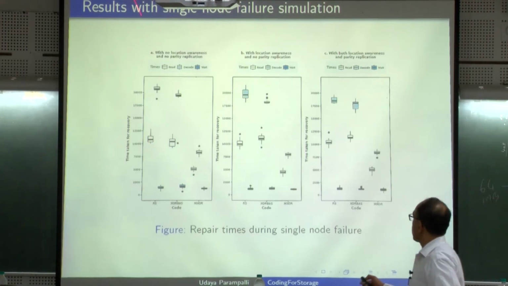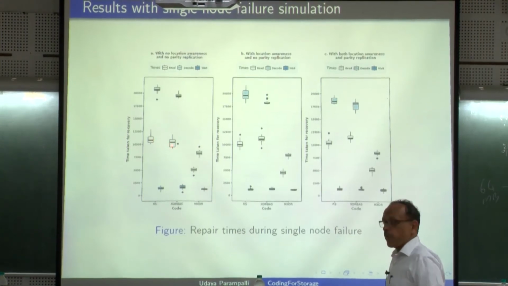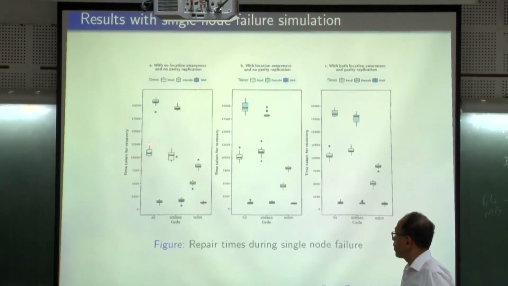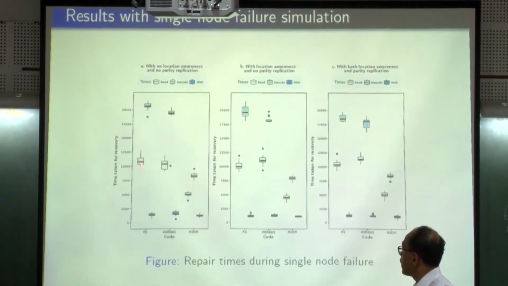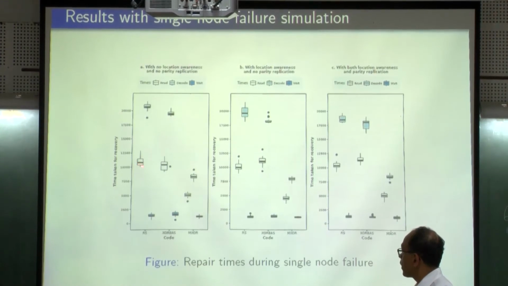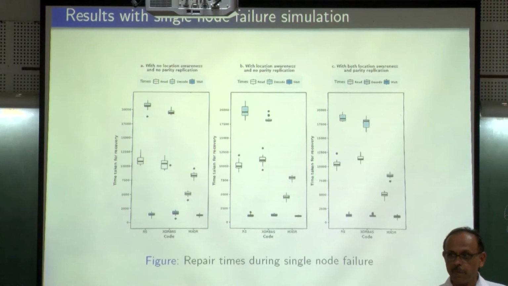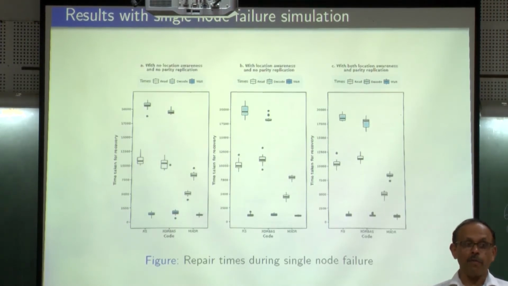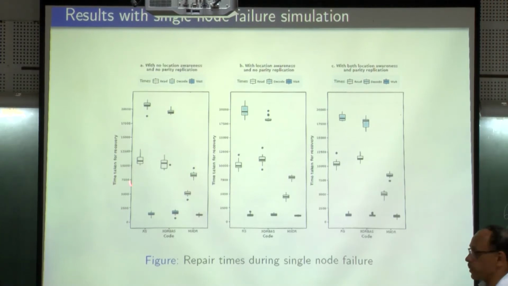For example, the average time for parity replication is here, so definitely the average time improves, but there could be some cases, for example here, where the minimum one has a better time than some of these. So parity replication does not necessarily give you the best repair time in all cases, but overall, on average, it improves.